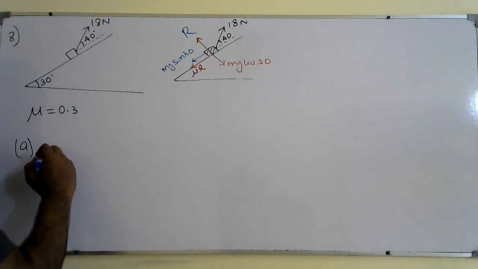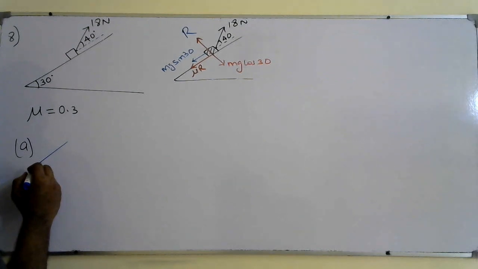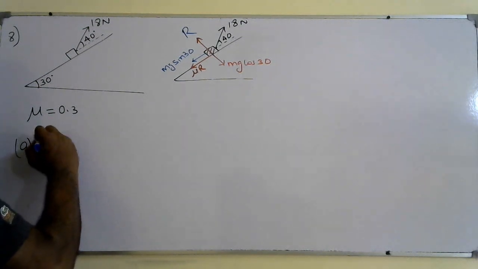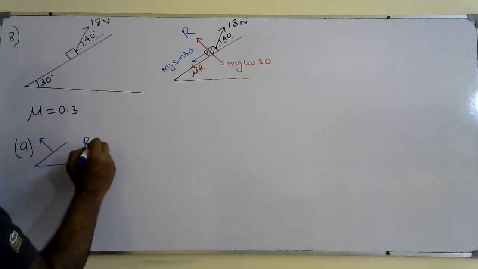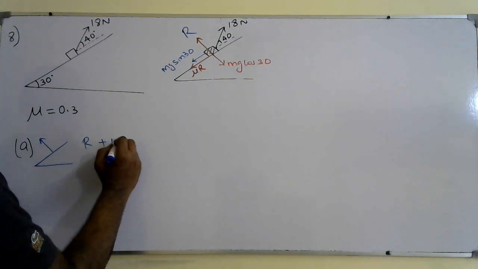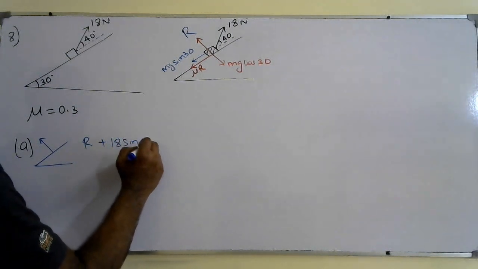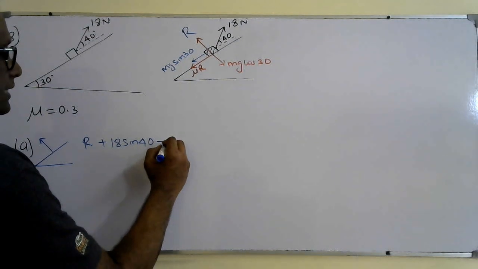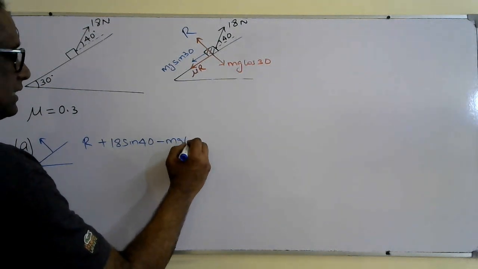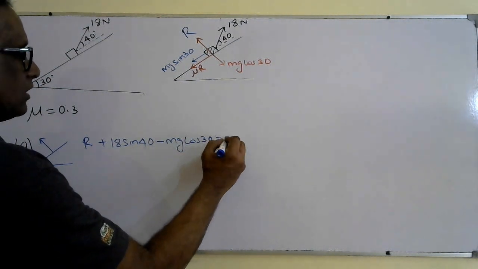So if I resolve perpendicular to the slope, R plus 18 sin 40 minus mg cos 30 equals 0.